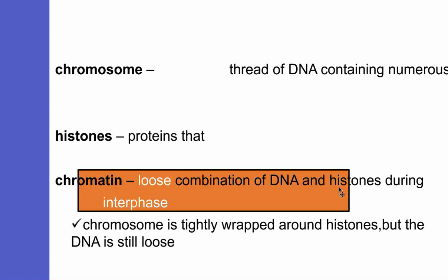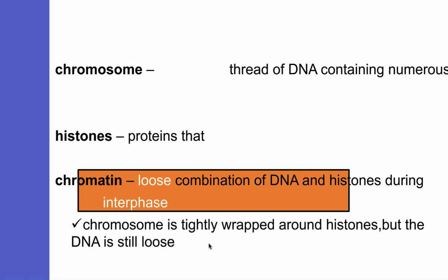And this chromatin form is what you're going to see during interphase, because in interphase, you're actually going to read your DNA. You're actually going to use it, right? Your cells are going to be doing their normal functions. So chromatin is that loose form of DNA, right? That chromosome is still tightly wrapped around the histones, but the DNA is not going to be supercoiled.